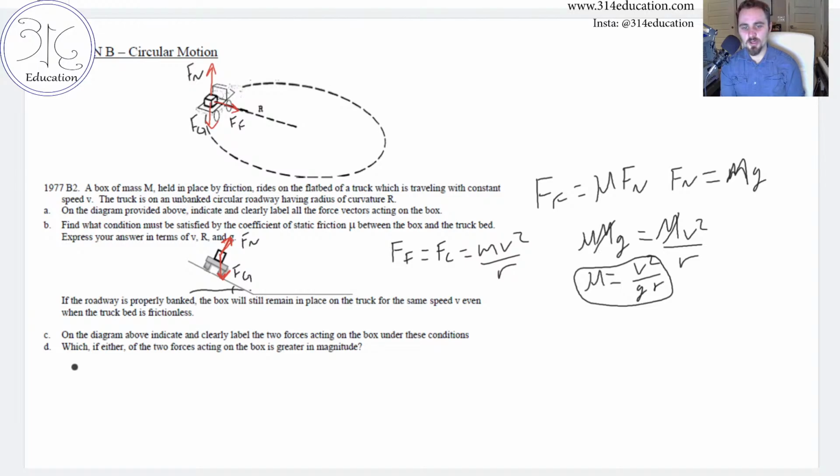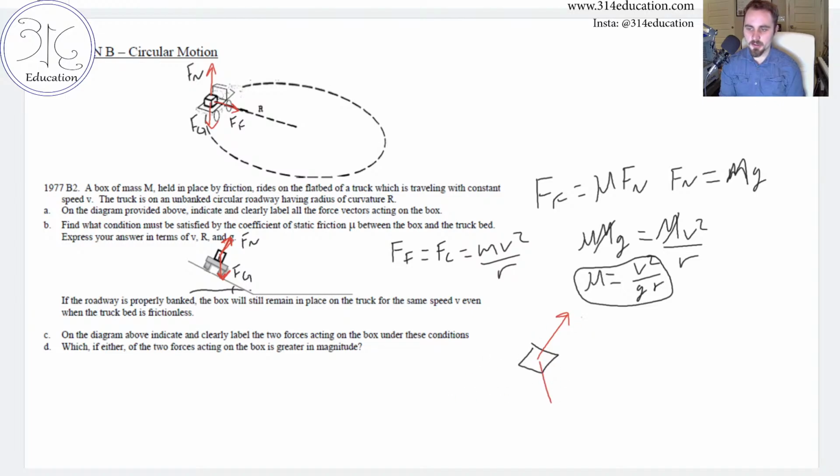And D will say which, if either of the two forces acting on the box, is going to be greater in magnitude. Well, this is going to be Fg, and we can prove it because we expect Fg we can split into. Let's get a bigger diagram down here just so we can see it nice and clear. So if we have some Fn here.